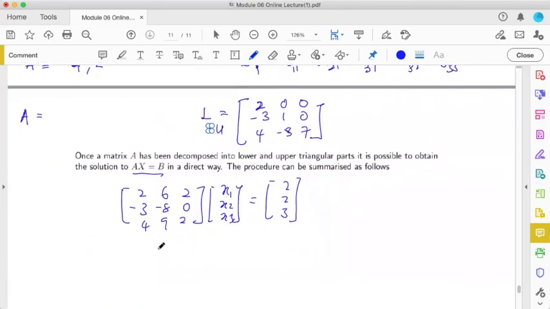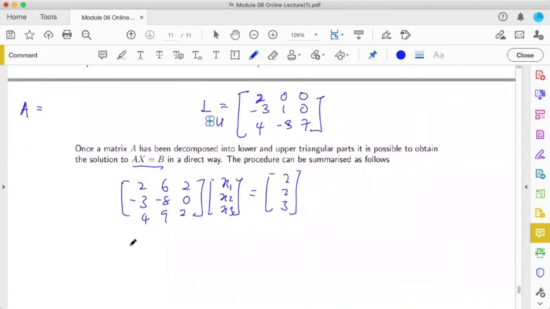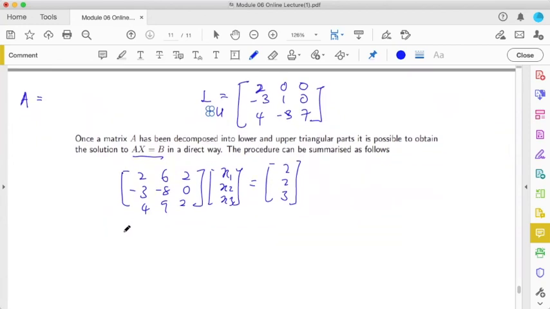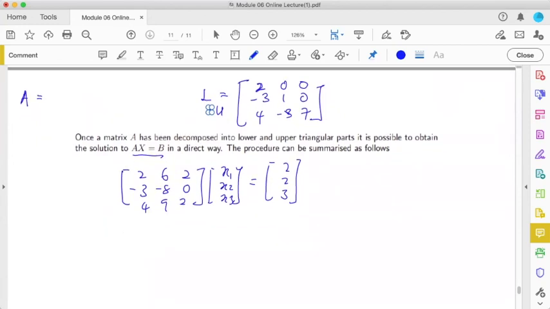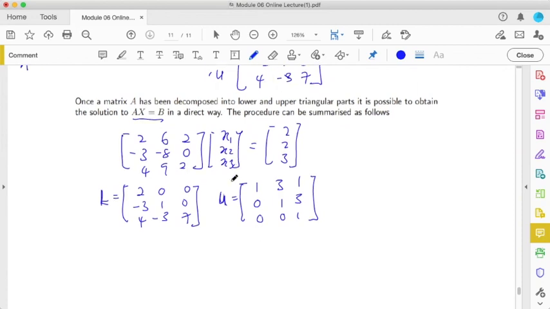We have decomposed this matrix A into L and U, which are described by these forms. This is our L and this is our U. So this is our problem. We can solve that by the following method.